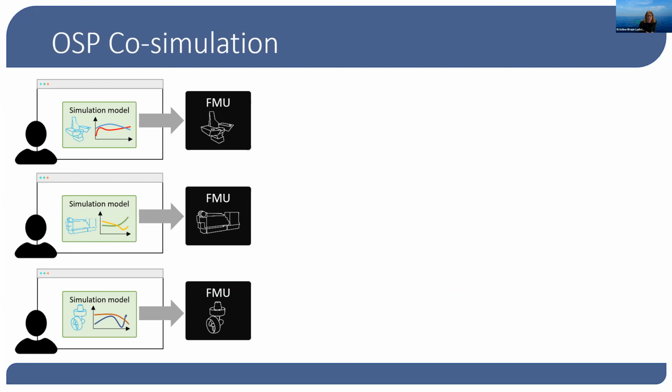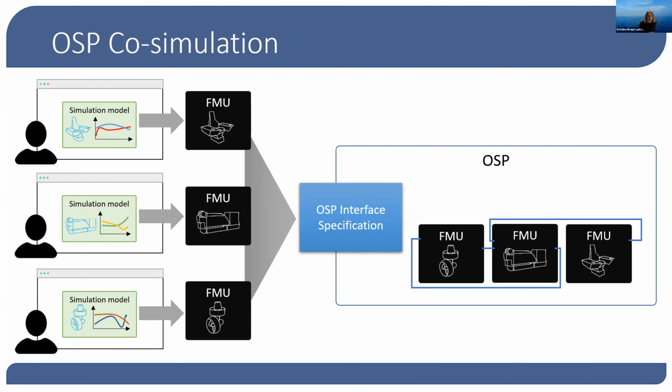So coupling the models to create a co-simulation setup could be a challenging task. With the lack of a common language with respect to variable naming and semantics, we have developed the OSP Interface Specification that Håvard and Martin will introduce next to efficiently create co-simulation setups.